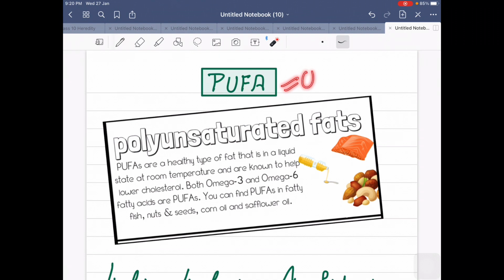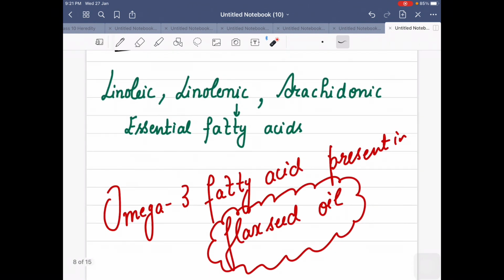It has omega 3 and omega 6 fatty acids, which you get from fish, nuts, corn oil, sunflower oil, as well as flaxseed oil. Flaxseed oil is also a very rich source of omega 3.